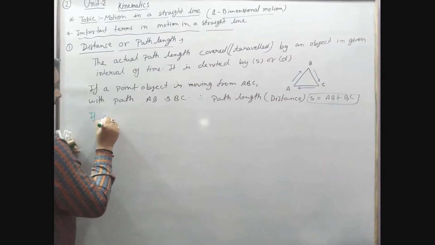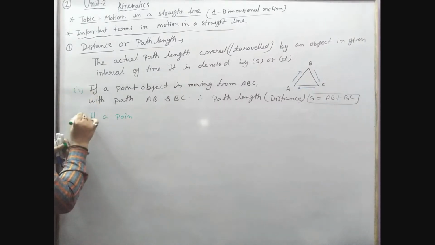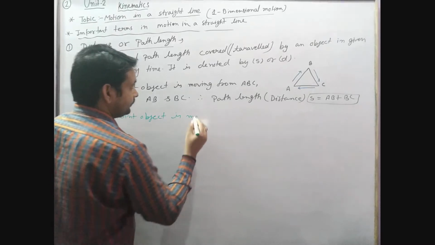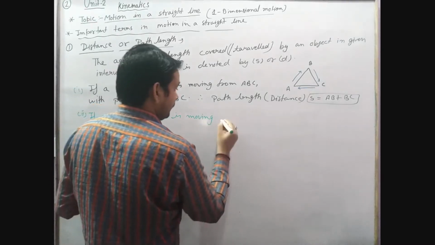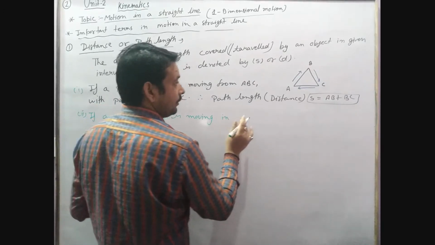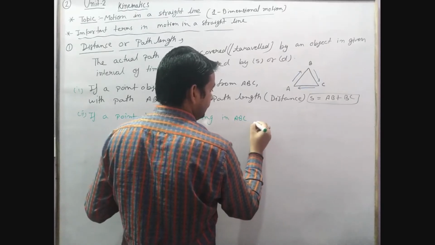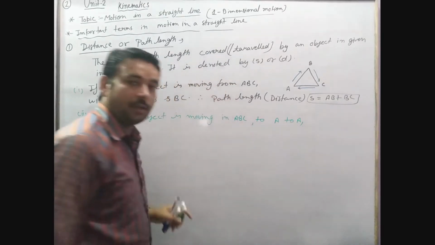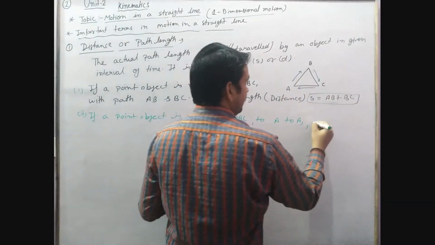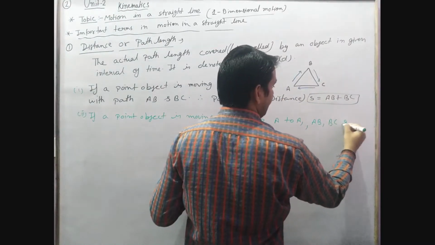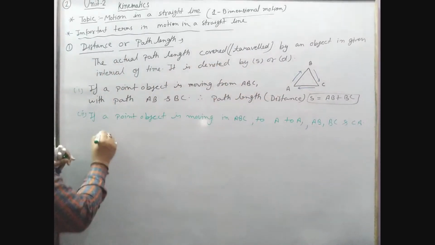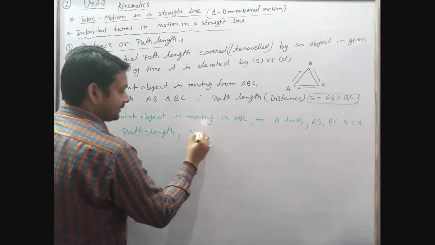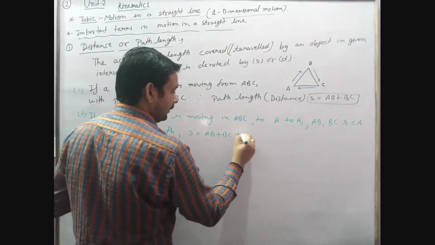Therefore if a point object is moving in ABC to A, okay, from A it moves back to A, like AB, BC and then CA. Therefore path length S is equal to AB plus BC plus CA.